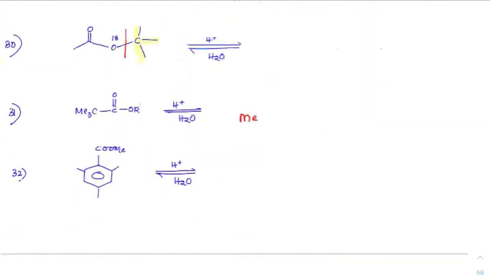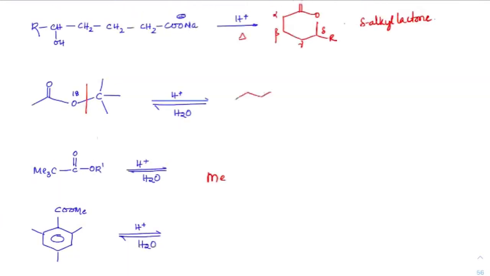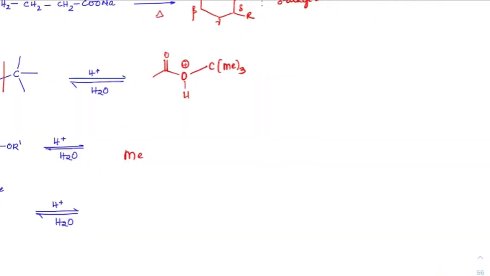Right. Next, hydrolysis of esters. When we have an ester, how do we hydrolyze that? I told you that if you have a bulky group on this side, the bond will break from this end. Let's see how it happens. First, protonation is to be done. We have O here with H plus, carbon and 3 alkyl groups, which are methyl here, so 3 methyl groups like this.